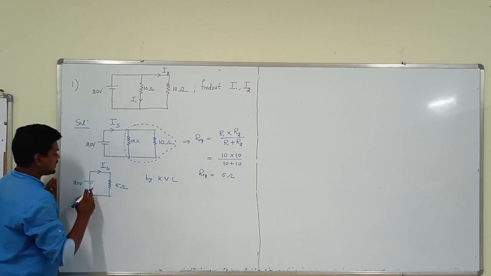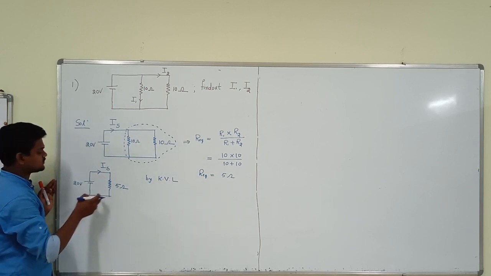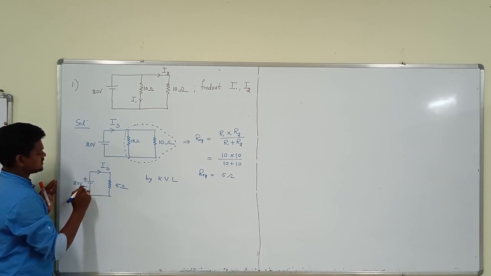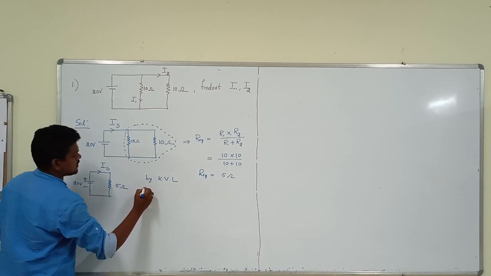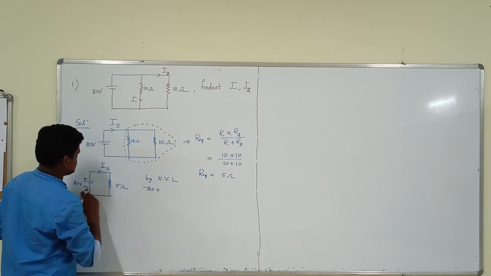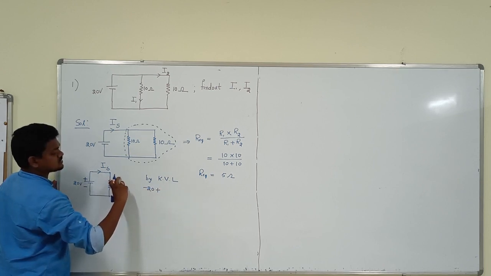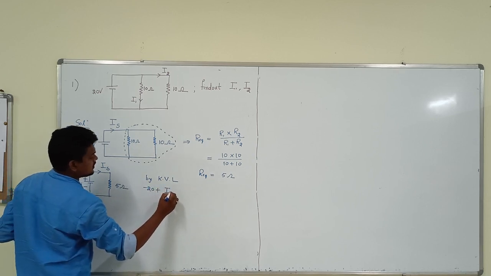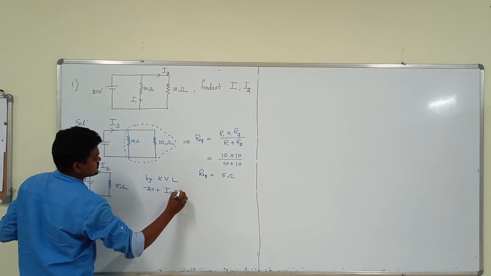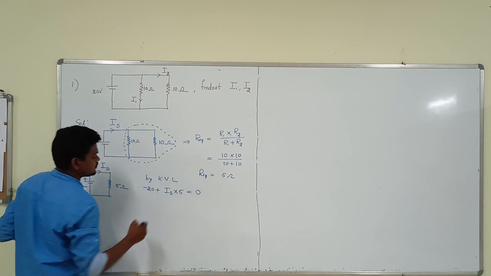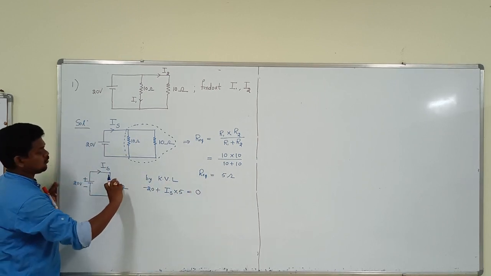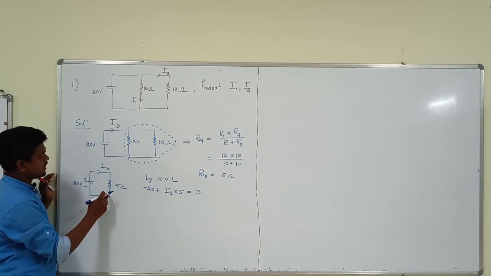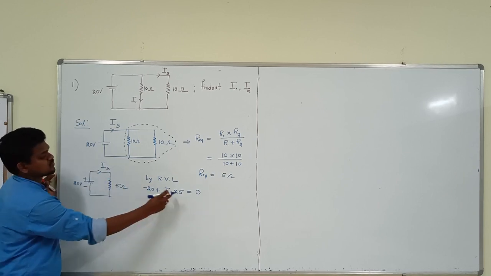Now, to find the source current, simply apply KVL. What is KVL? In a closed loop, the total voltage is 0. Here the source voltage starts from here, so that is minus 20. What about the voltage across 5 ohms? Current times resistance: the current flowing through the resistor is Is and the resistance value is 5.